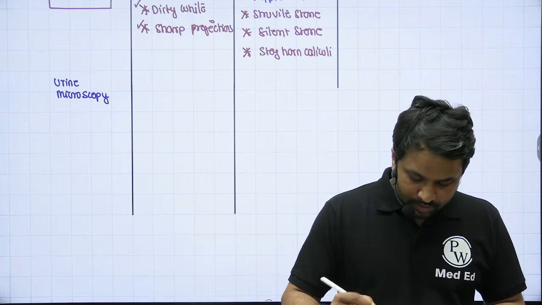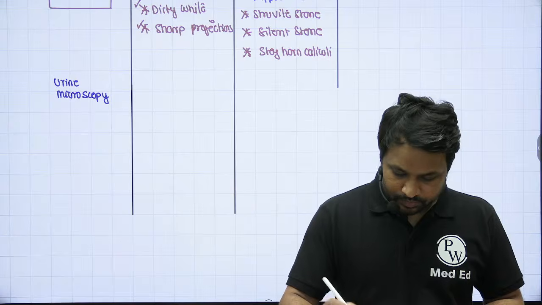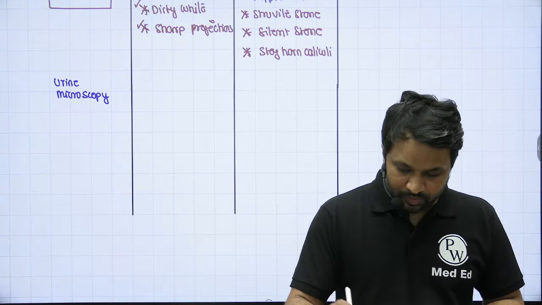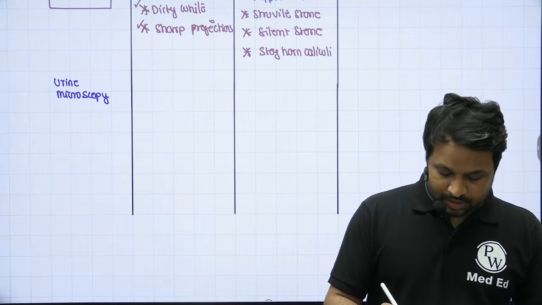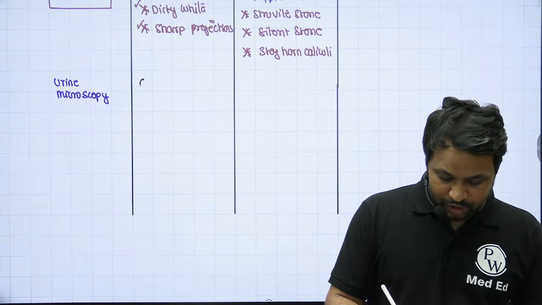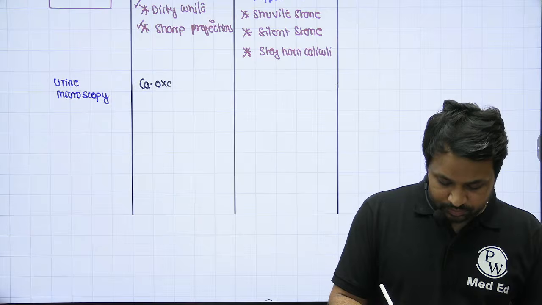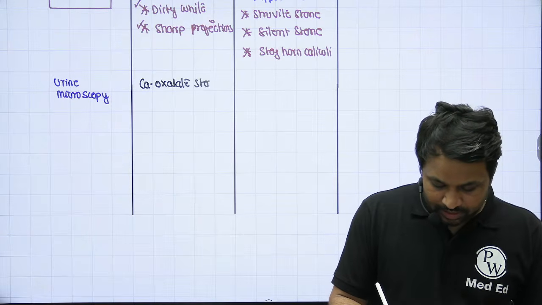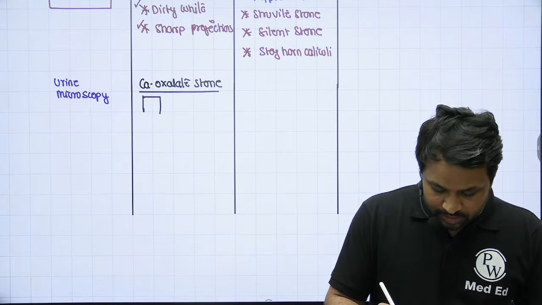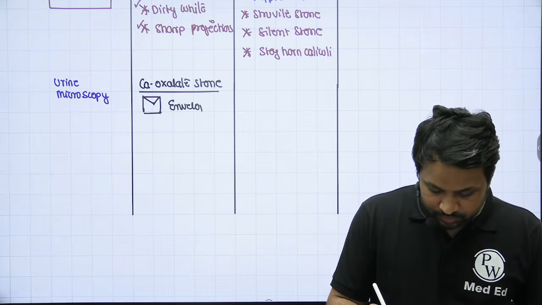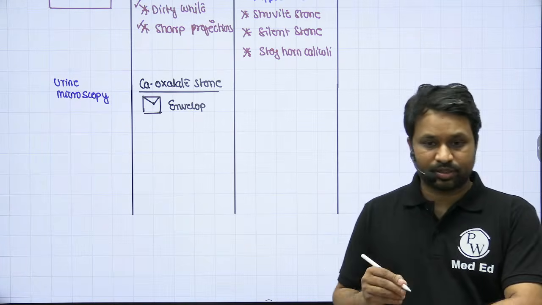In urine microscopy, if you have a calcium oxalate stone, you will see a crystal which is like this. This is what we call envelope shaped. It's an envelope shaped crystal.